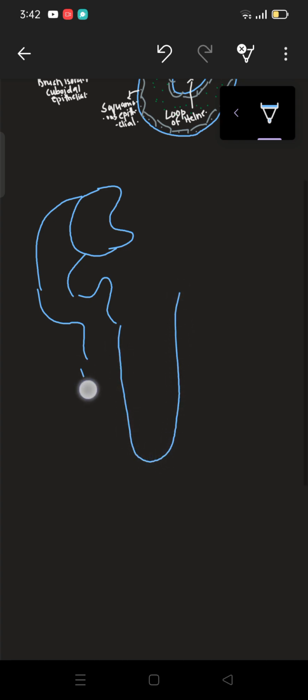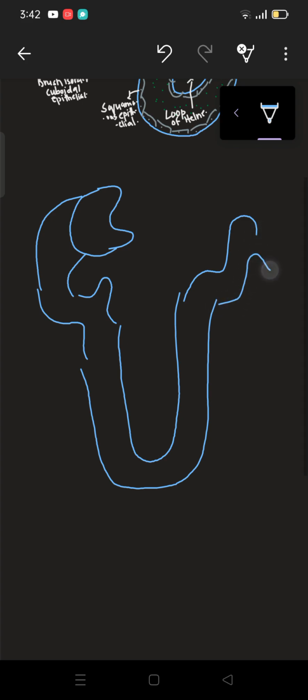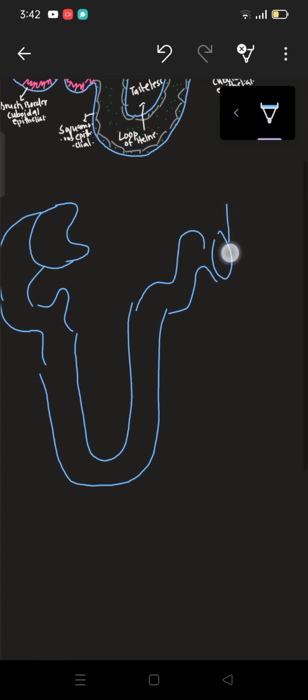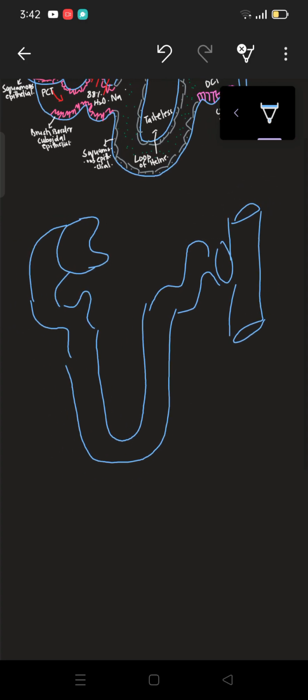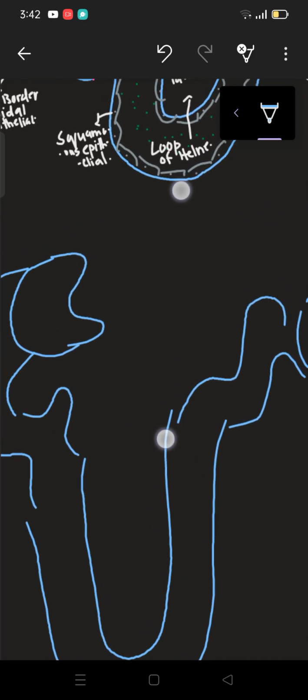Then from there PCT is coming. Then loop of Henle is going down. Then this is DCT. And from here we have collecting duct. So nephron structure in our book is like that.